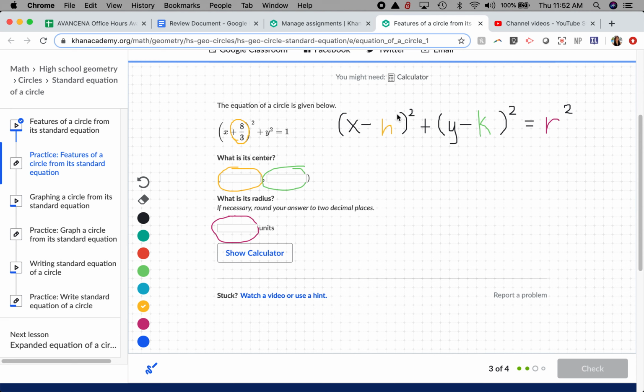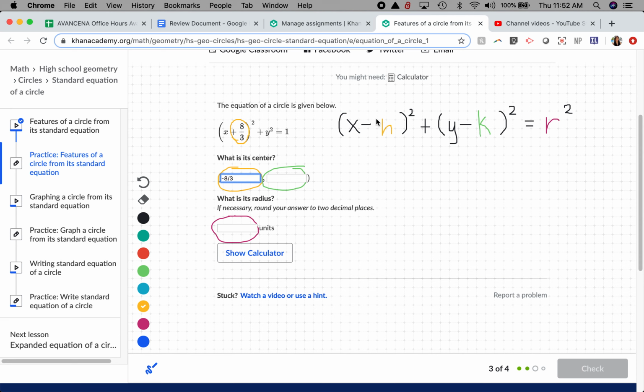Now remember that the standard form of a circle has a subtraction sign. So you have to think for yourself, what should h be so that the final value or the simplified form will be a positive? And that answer is a negative 8/3.